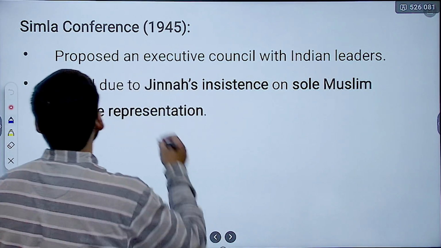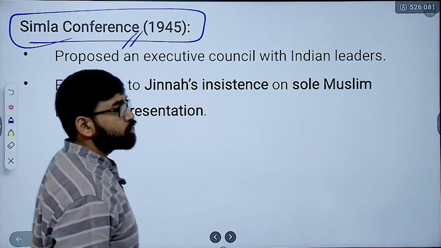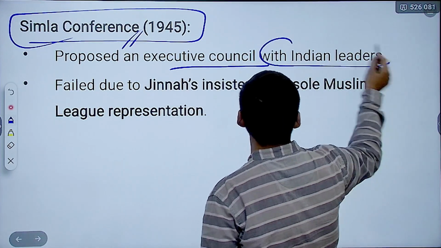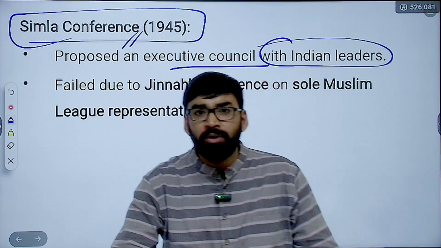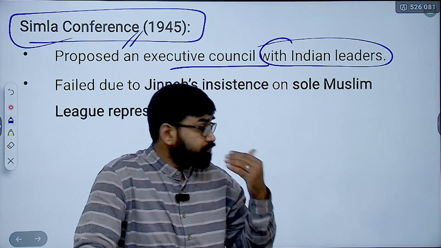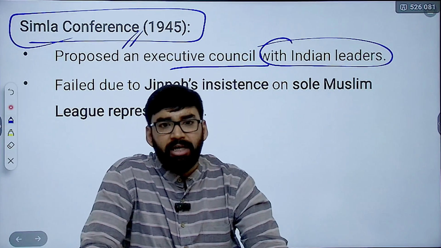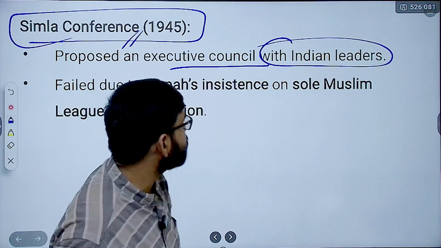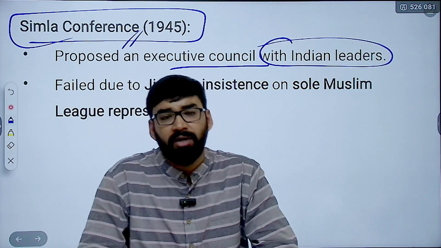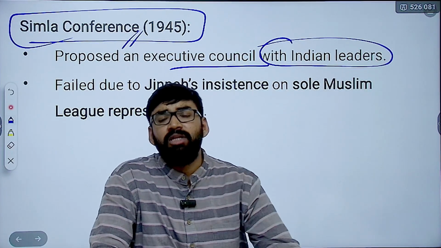Now, the Shimla Conference. So what was there in the Shimla Conference? It proposed an executive council with Indian leaders. Before this, in June, all the Indian leaders were released from jail, and then it resulted in the Shimla Conference.